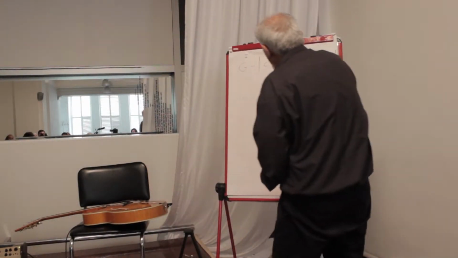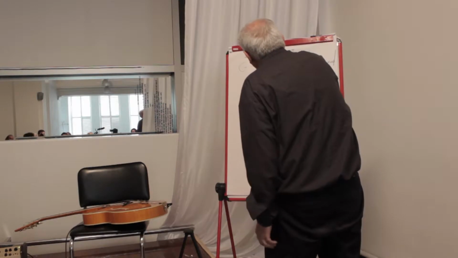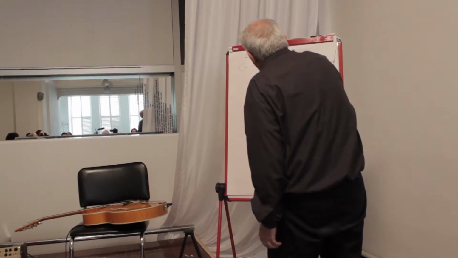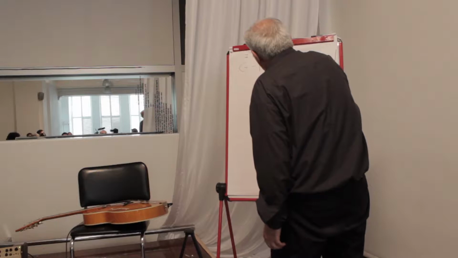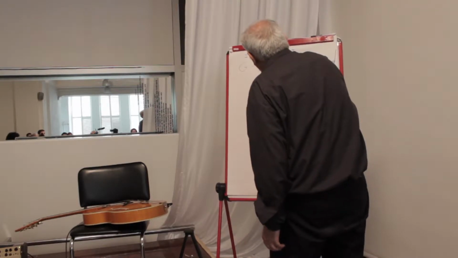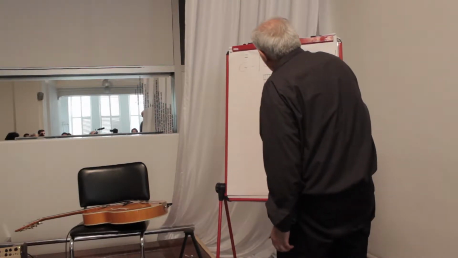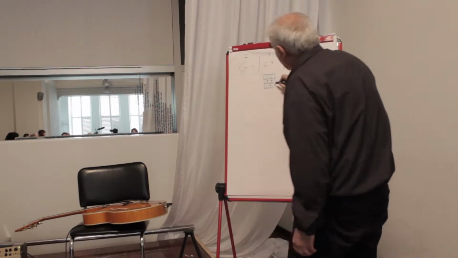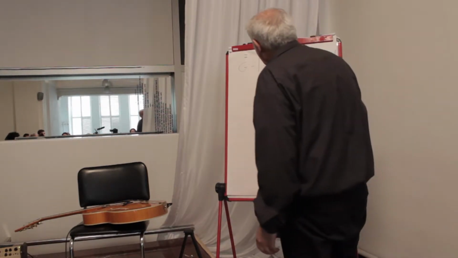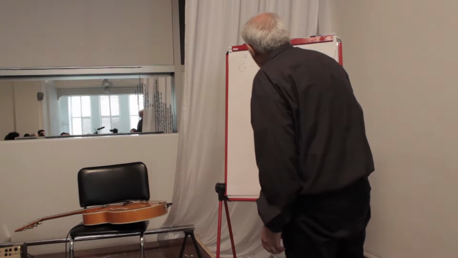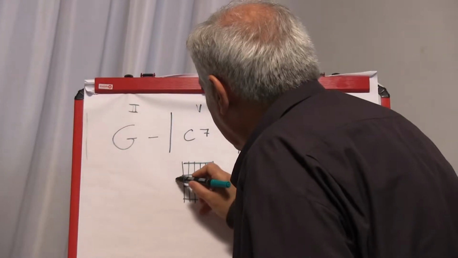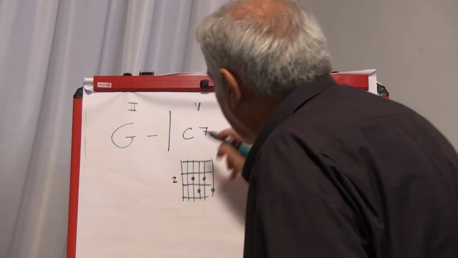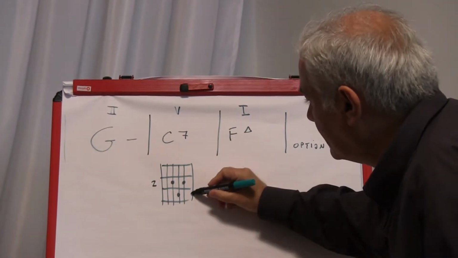So you have this, if C. For this C you have this, the original chord, to play the C7, this, no?